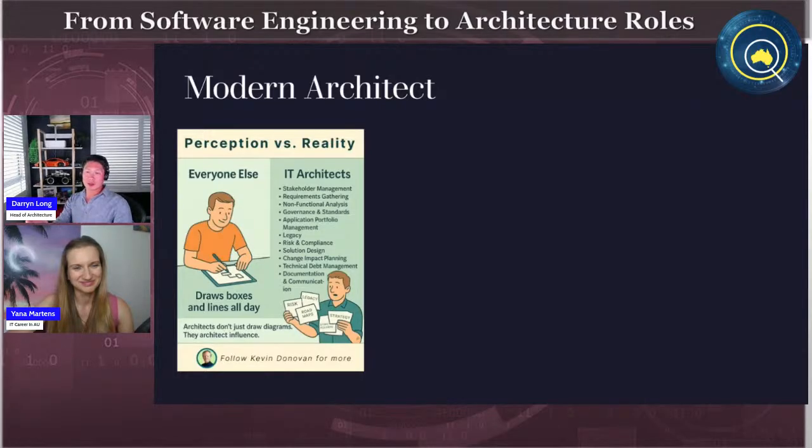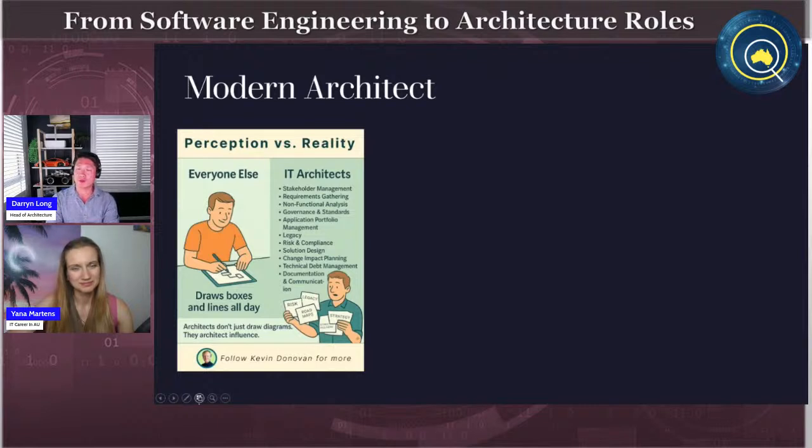But if you look at what he thinks an architect does, everything from managing stakeholders to gathering requirements, there's an element of risk and compliance and cybersecurity, to designing solutions, to managing technical debt and governance, and it goes on and on and on, right? So it's actually quite a lot more than probably what people think.